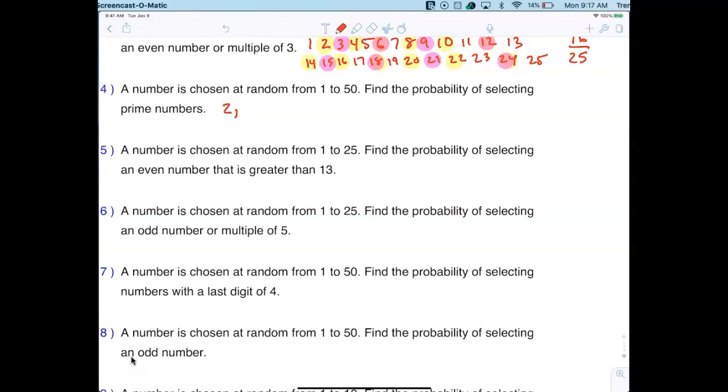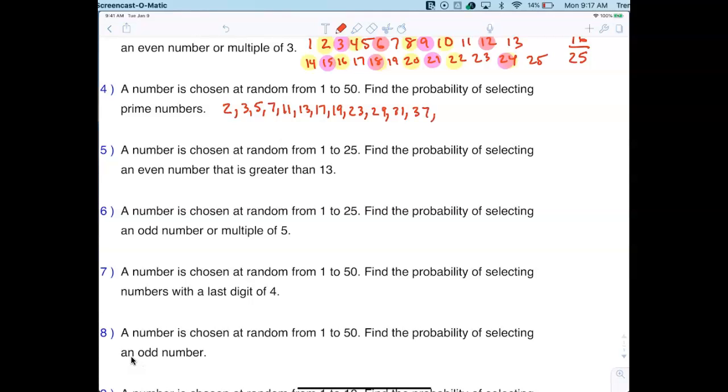I knew 2 was prime. I knew 1 was not. Now I'm looking at 3. Is 3 prime? 5, 7, 9, 11, 13, 15, 17, 19, 21, 23, 25, 27, 29, 31, 33, 35, 37.